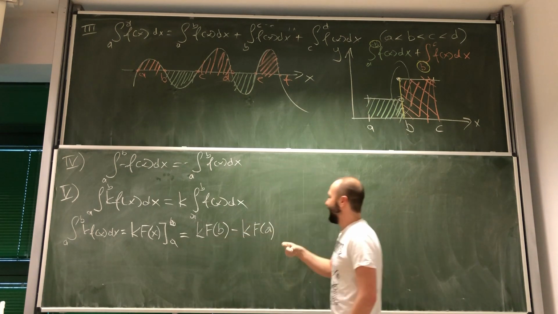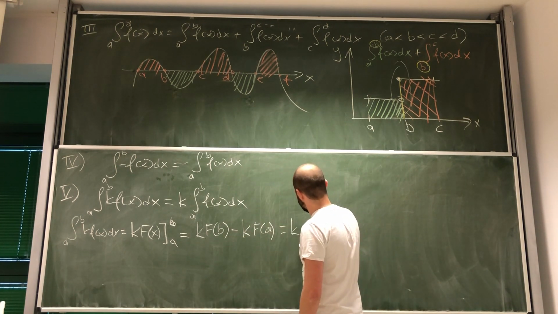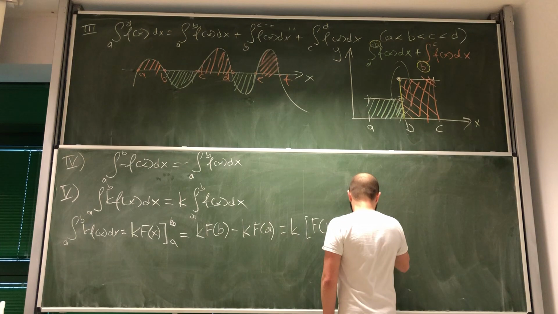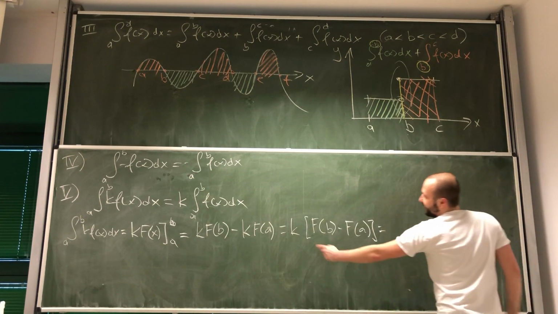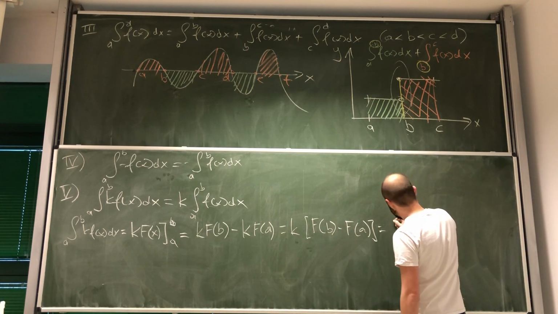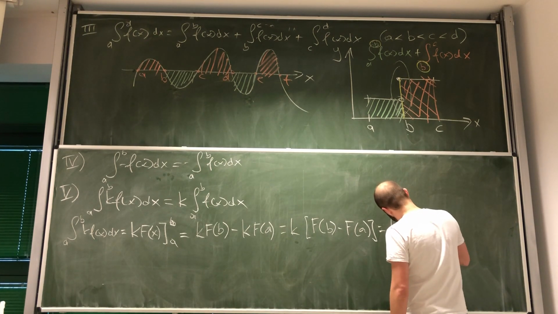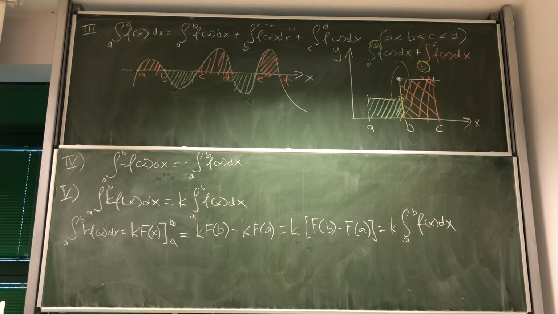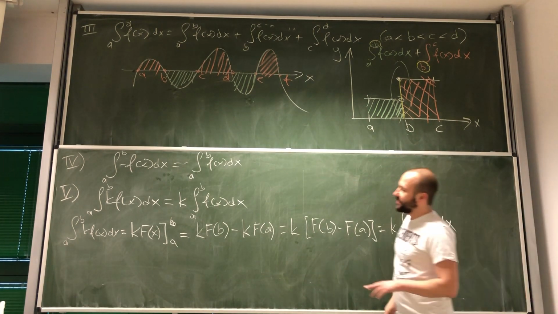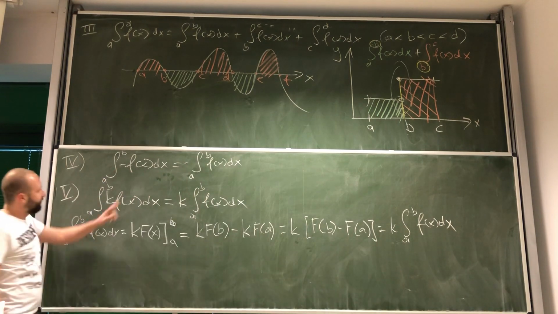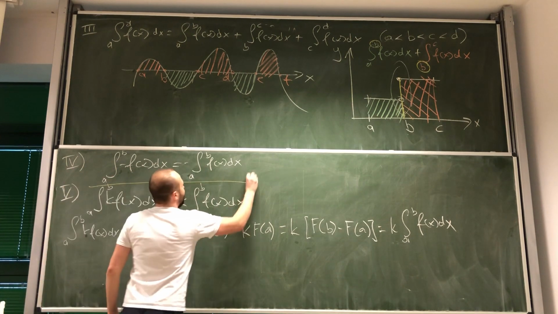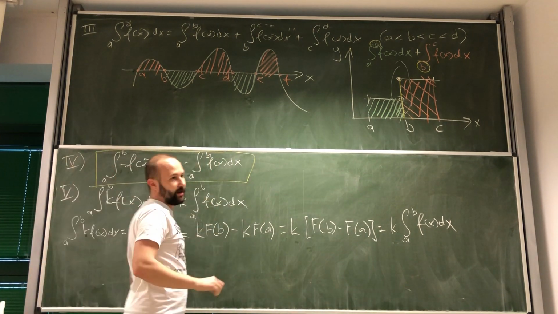If I take k out of brackets, I'm getting k times the integral of f of x dx. And look, if I would substitute k with -1, we would just get this specific case that we've got over here.